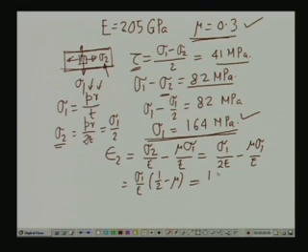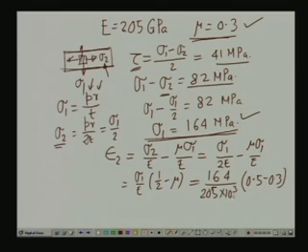So, this is 164 divided by 205 into 10 to the power 3, since E was 205 gigapascal, so 205 into 10 to the power 3 megapascal, times (0.5 minus 0.3).